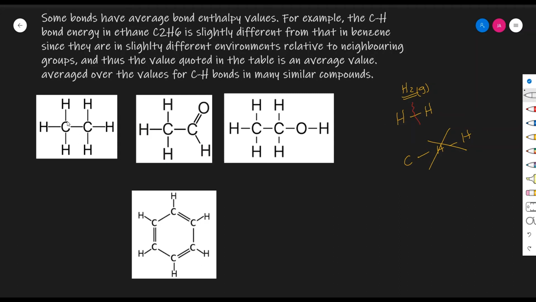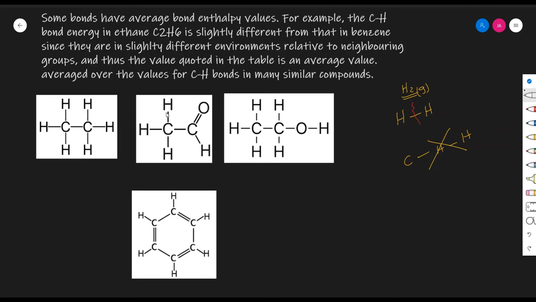This is an ethane molecule. This is an ethanol molecule. This is benzene, all of which contain CH bonds. If you were to measure the bond enthalpy in the gaseous phase for the CH bond in C2H6, this compound here, it would slightly differ from the CH bond in this compound here, which is ethanol.